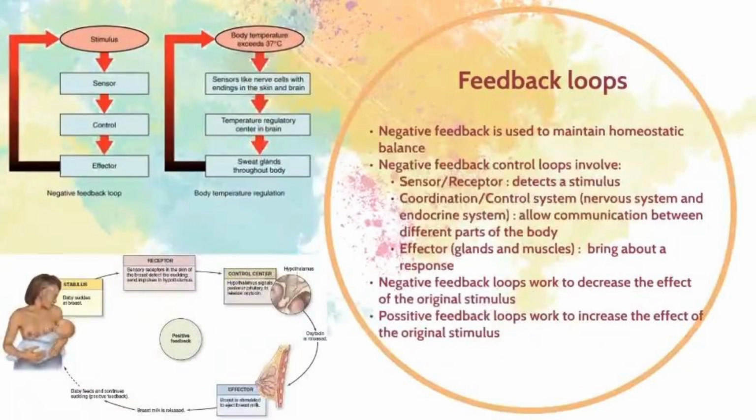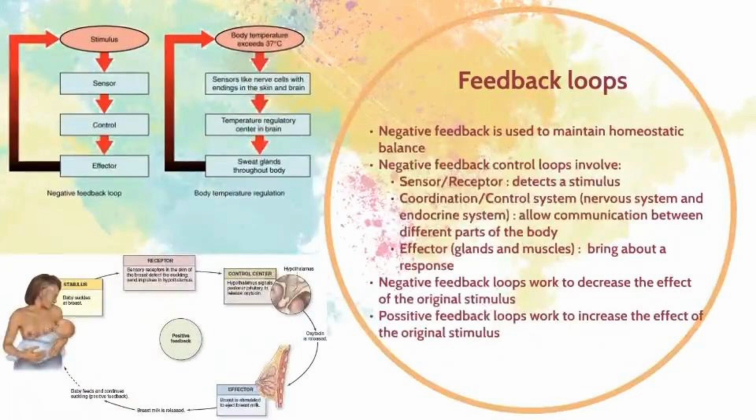So imagine you are out in the snow. Your hypothalamus, which is a sensor in your brain, would sense that you are too cold, and this would send a signal via the nervous system to the muscles in your arms, and this is the effector, and that would then stimulate the skeletal muscles to contract, and this would cause shivering, which can generate heat to bring your body temperature back up to the normal level.